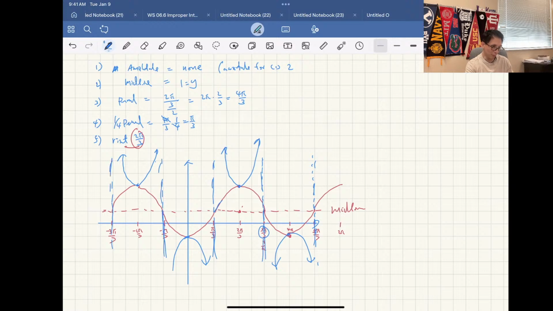So when they touch the midline, that's why it creates an asymptote, because that's when the cosine value is going to equal 0. In this case, 0 is going to be on the midline, because that's the radian that's going to give you 1 over 0. Got it or no? Yeah. Okay.